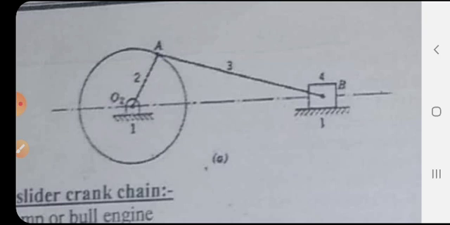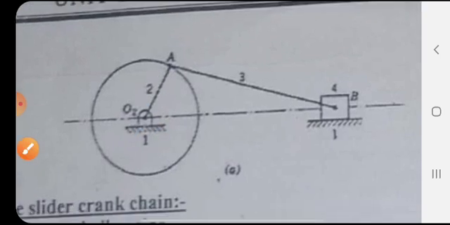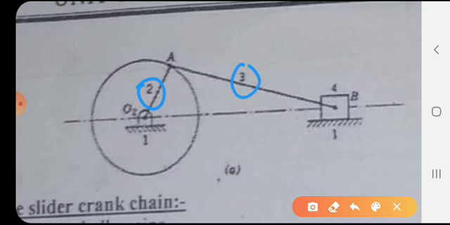So it consists of link 1 and 2, link 2 and 3, link 3 and 4. These are the three turning pairs.